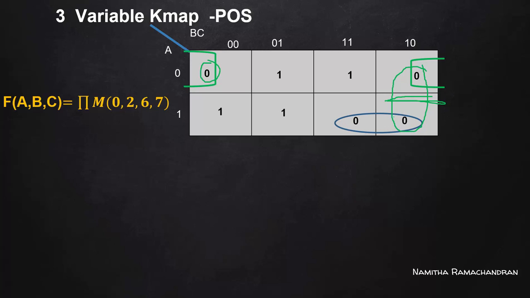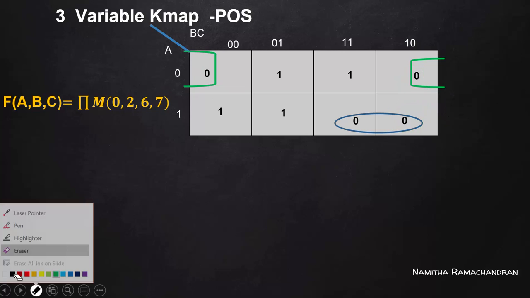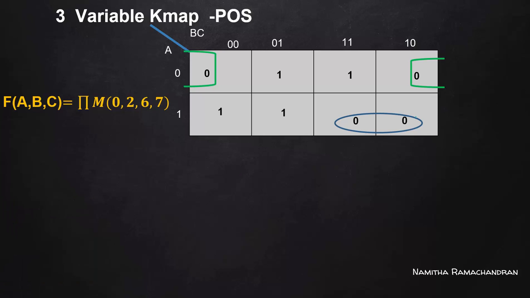These two groups are essential groups. Considering the essential groups, let us generate the minimized POS form.